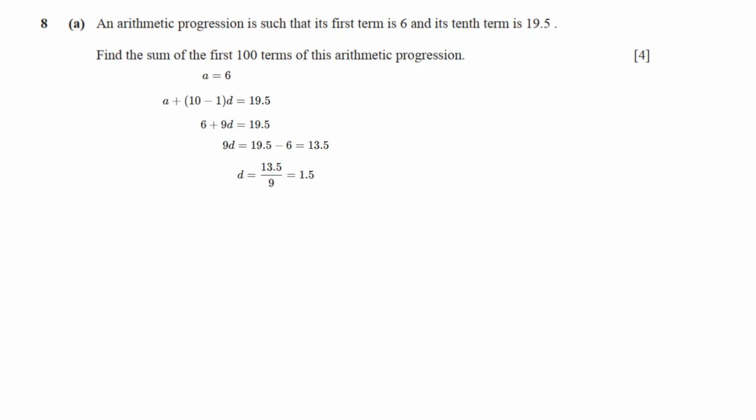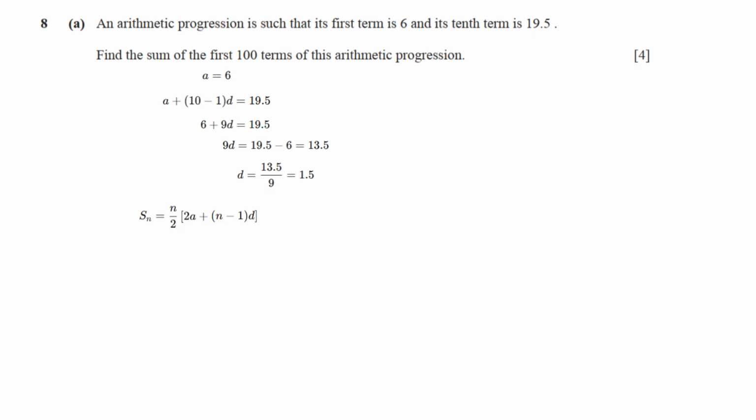Now we know the value of a and d. To find the sum of the first 100 terms of this arithmetic progression, let's use the formula Sn is equal to n divided by 2 times 2a plus n minus 1 times d. Here a is given as 6 and d is 1.5 and n is given as 100. Substitute all the values here.